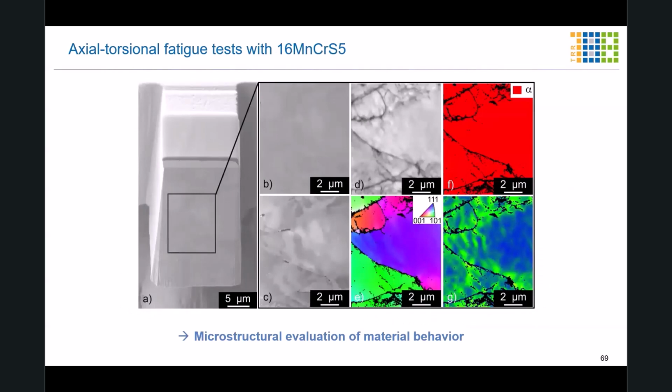These investigations were evaluated by microstructural investigations. In this case, we used typical SEM methods as well as advanced SEM methods. For example, 3D image reconstruction using the focused ion beam secondary electron microscope, as well as SEM methods such as EBSD or electron channeling contrast imaging and scanning transmission electron microscopy.